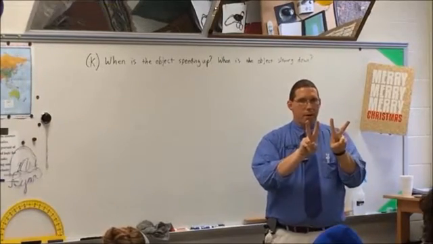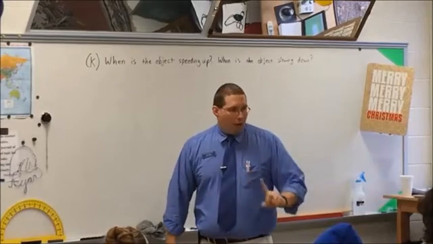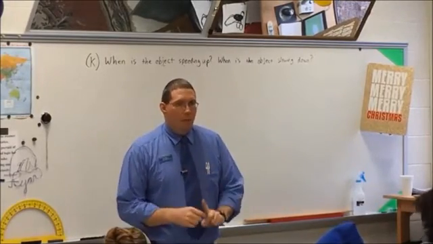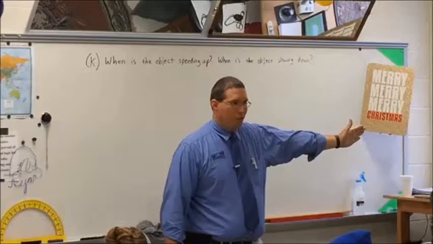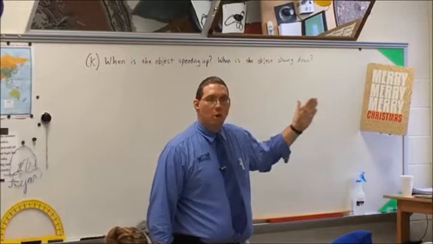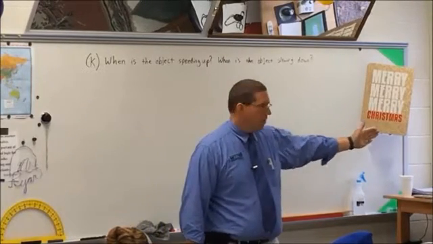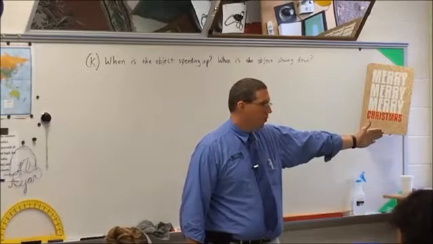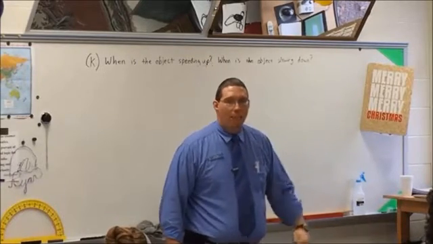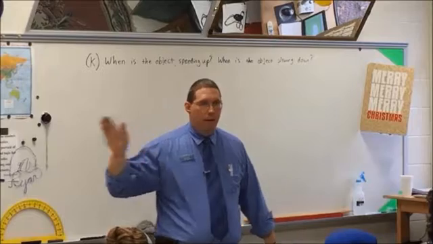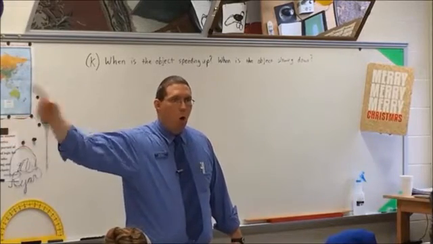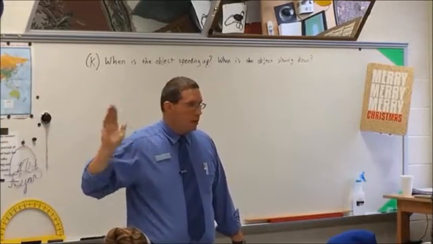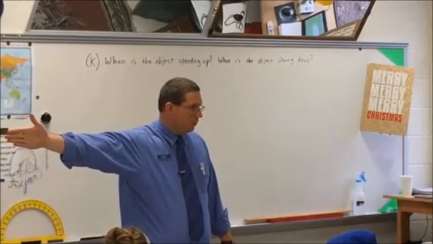Okay? The object is either speeding up in a positive direction, or it is slowing down in a positive direction. Or the object is speeding up in a negative direction, or the object is slowing down in a negative direction.